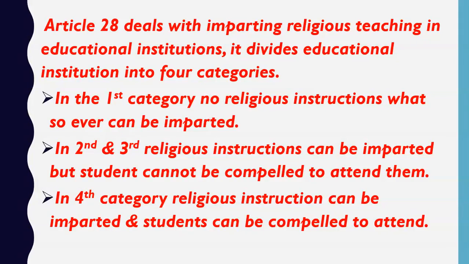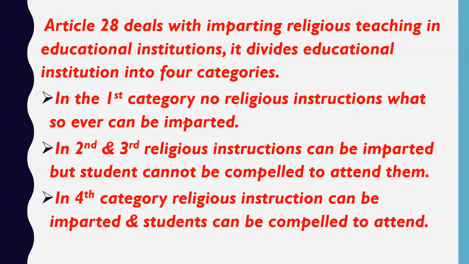Now in the second and third categories, religious instructions can be imparted but students cannot be compelled to attend them. Now what are the second and third categories? The second and third categories were the private educational institutions, meaning the educational institutions which are privately owned. Now what was the difference? In the second category, these educational institutions were aided by the government, and in the third category, they were unaided by the government.